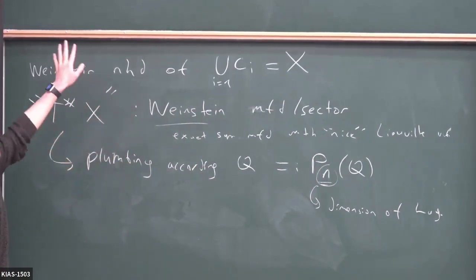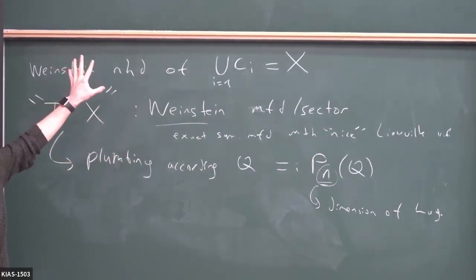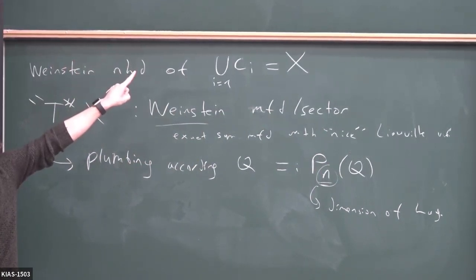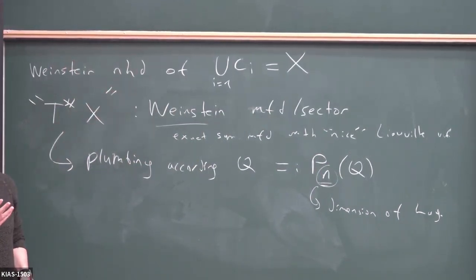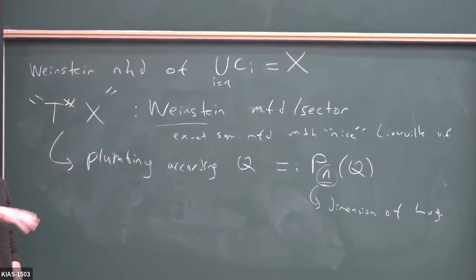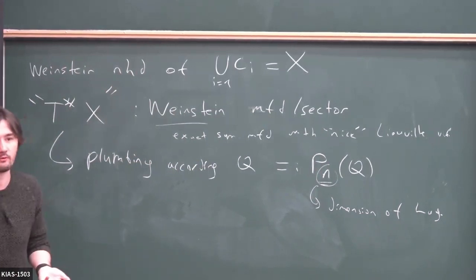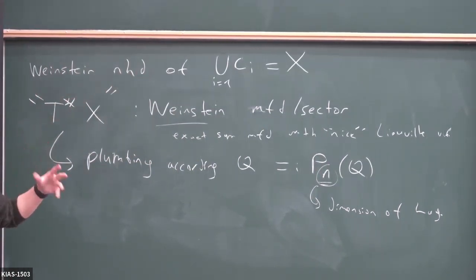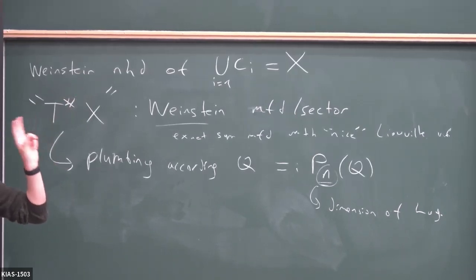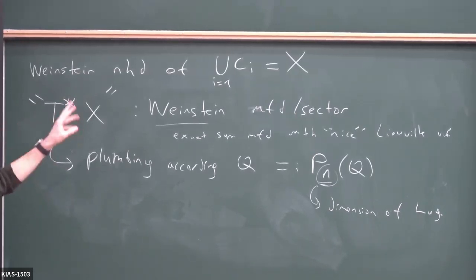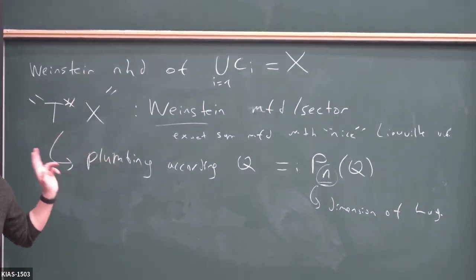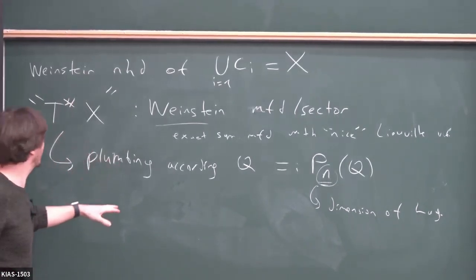So what do I do? I take this quiver, Q. From that quiver, I create that picture. So now I do the opposite direction. I started from a manifold and got a quiver, but now I can do it for any quiver. So I start from a quiver, draw that picture, take the cotangent bundle, kind of, which is actually the Weinstein neighborhood of that thing. It gives you a new symplectic manifold. It's actually a Weinstein manifold, which is a nice exact symplectic manifold.